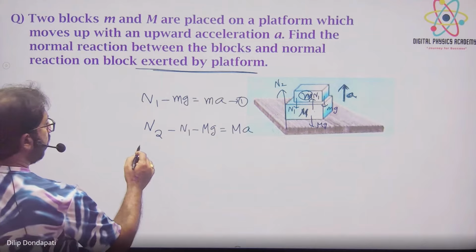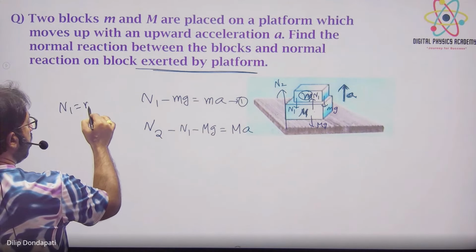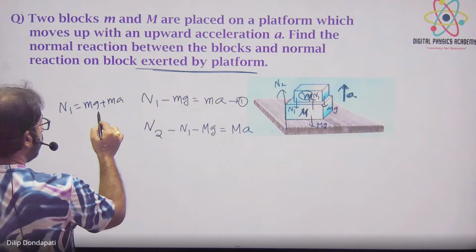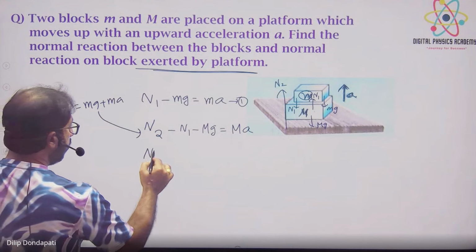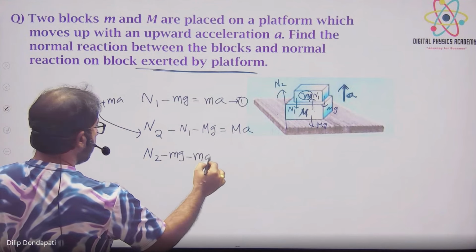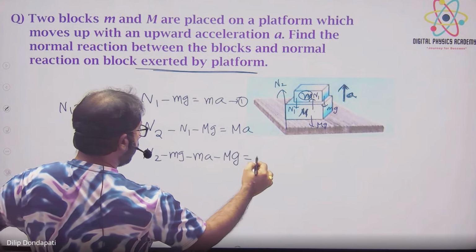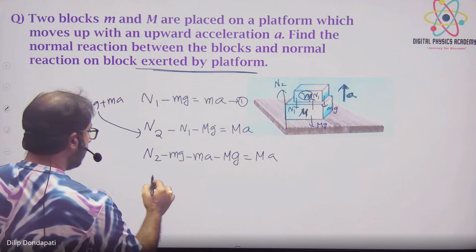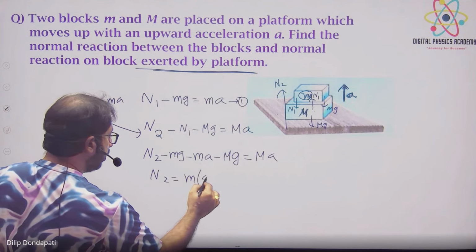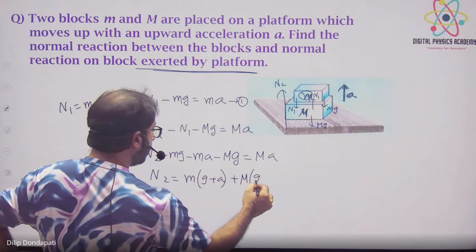Now from the first equation, N1 is equal to mg plus ma. Substituting this into the second equation: N2 minus mg minus ma minus capital Mg is equal to capital M a. Bringing this side, N2 is equal to M times g plus a plus m times g plus a.